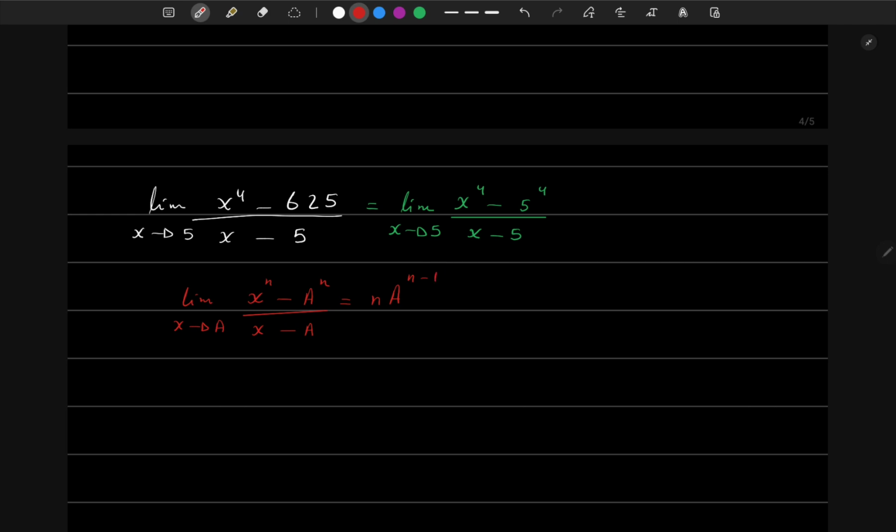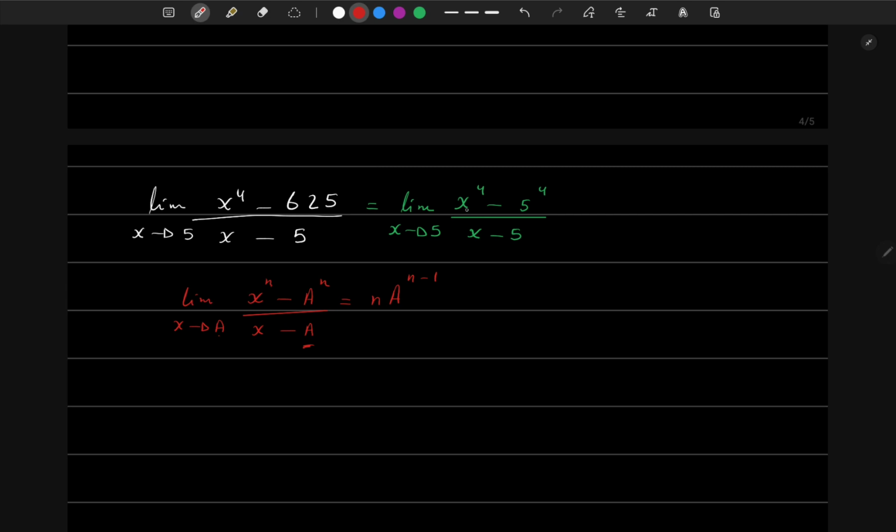So I have the limit of x raised to a power minus a raised to the same power, divided by x minus a, and x approaches the same value of a. So it is the same as this here. That's why I edited this a bit.